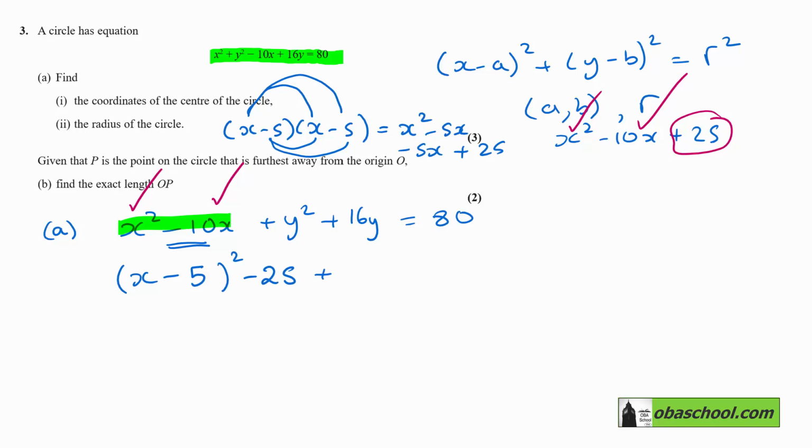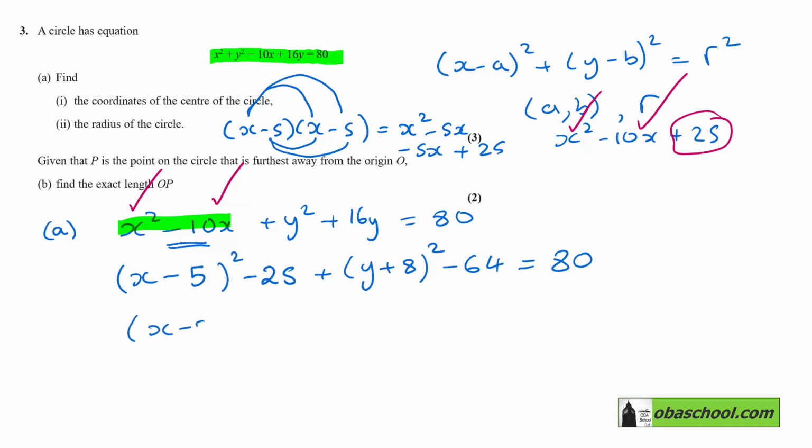Do the same thing with the y squared plus 16y. We have (y plus 8) all squared, and we'd need to take away 64 for the same reason. And that's equal to 80.